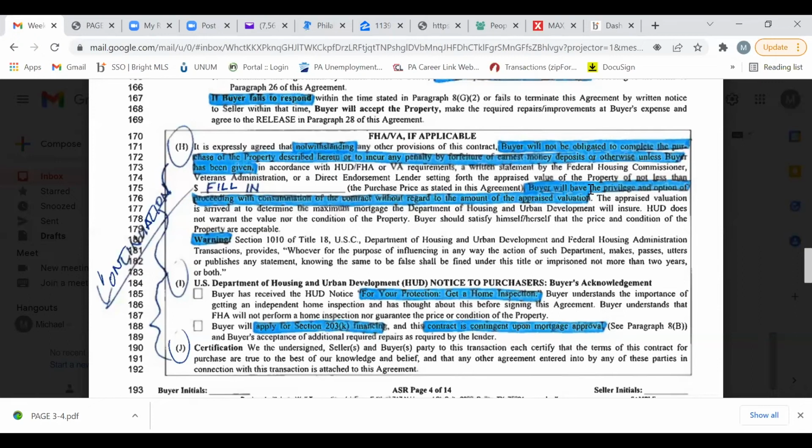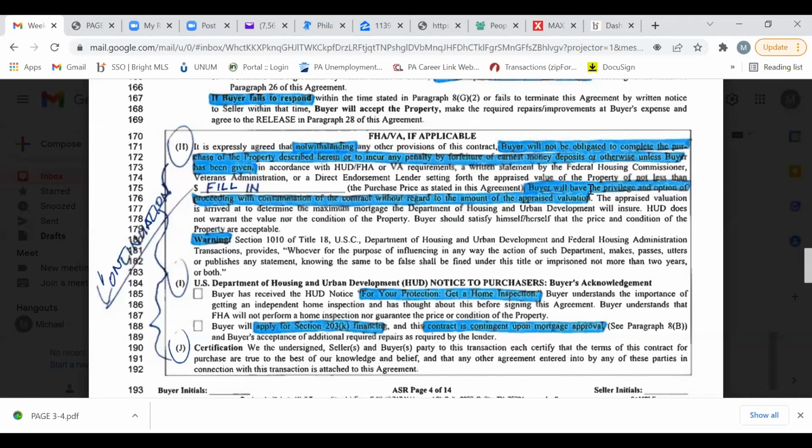So what does this mean? Agreed that notwithstanding any other provisions of this contract. So I wrote in my notes here the definition of notwithstanding, and it means in spite of. So if you reread that, it is expressly agreed that in spite of any other provision of the contract.